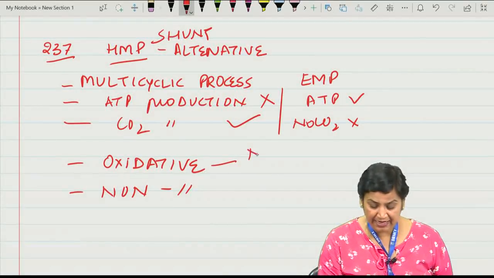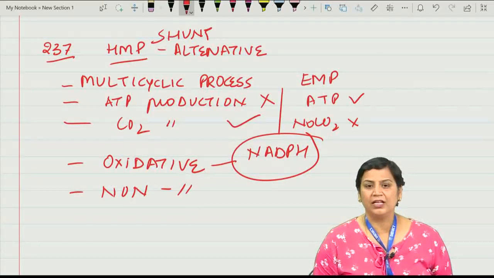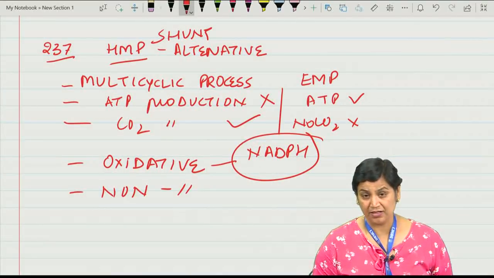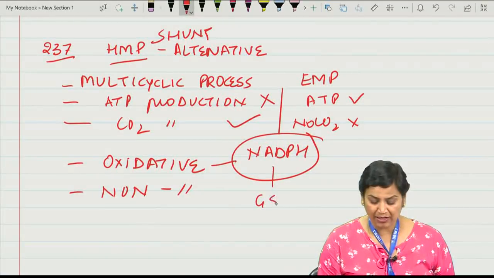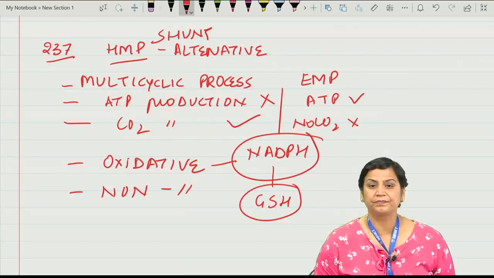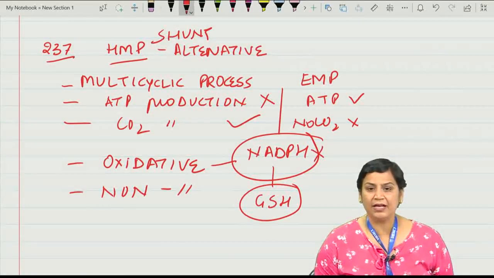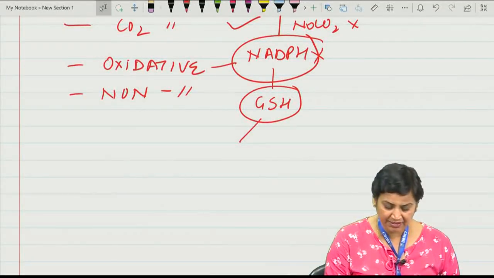It is giving NADPH. This NADPH is required for the maintenance of the cell membrane of RBCs because NADPH keeps glutathione reductase intact. Obviously, deficiency of NADPH leads to problems. This is actually a cycle. This glutathione is present in 2 forms.